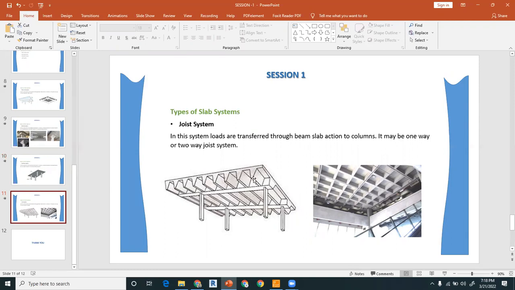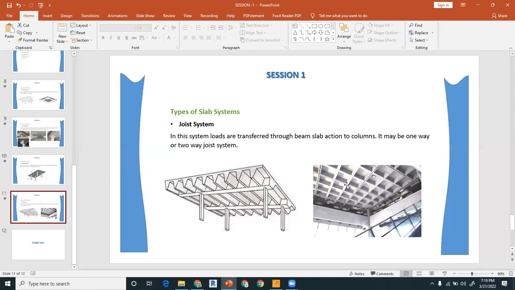So it is called a one-way joist system, or a rib slab system. On the right side, you can see these small beams running in both directions. It is the two-way joist system, and it is also called a waffle slab system.